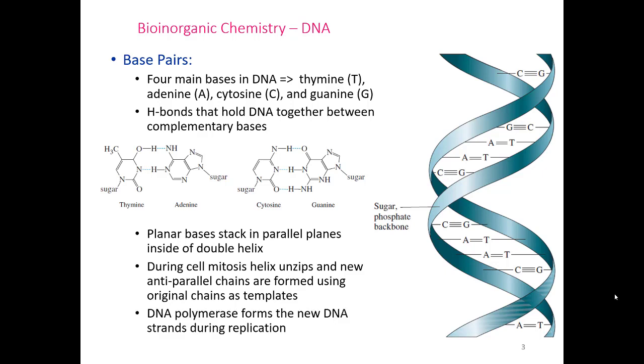The enzyme DNA polymerase is the protein that forms the new DNA strands using one of the original strands as a template. DNA polymerase does not copy the template strand, but forms a complementary DNA strand with complementary bases.